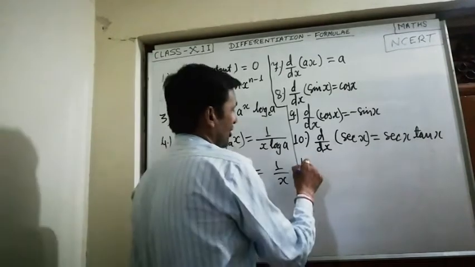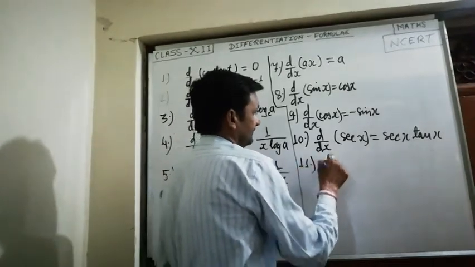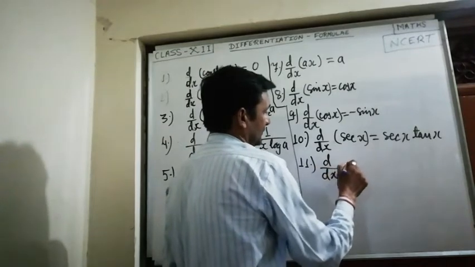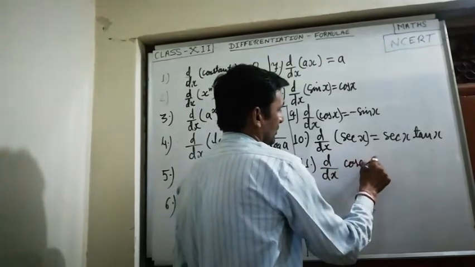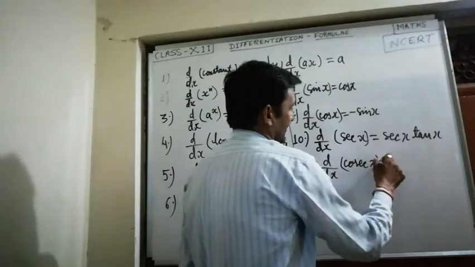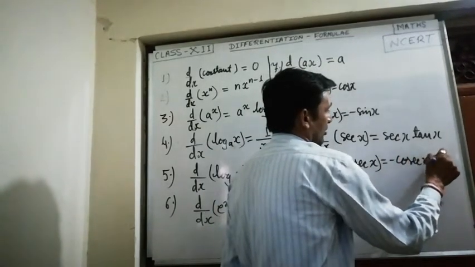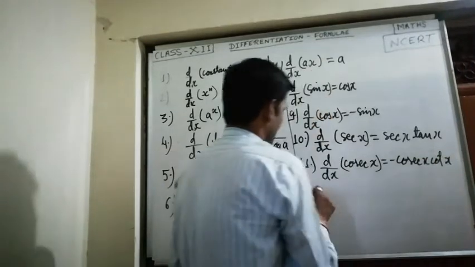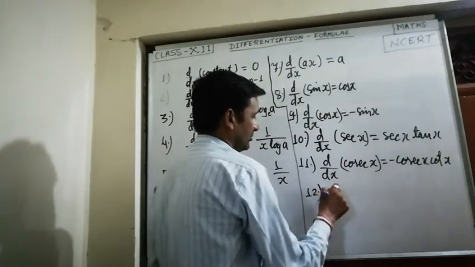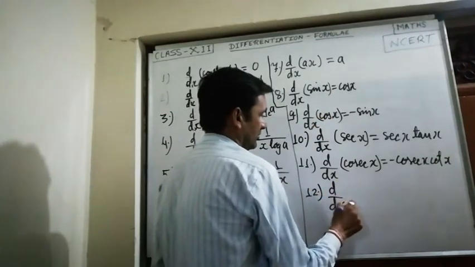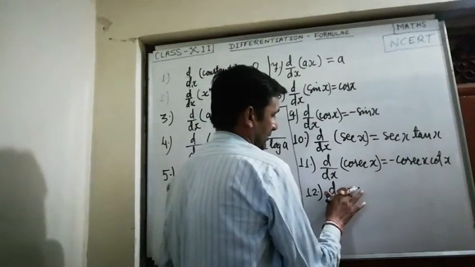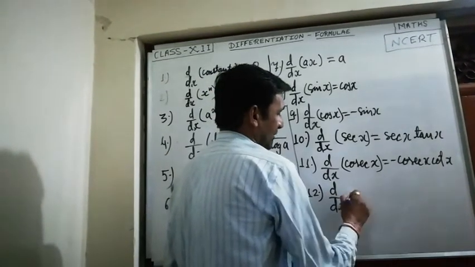Now differentiation of cosec x with respect to x, then it will be minus cosec x cot x. Differentiation of tan x will be sec square x.